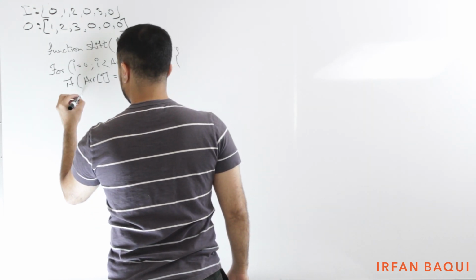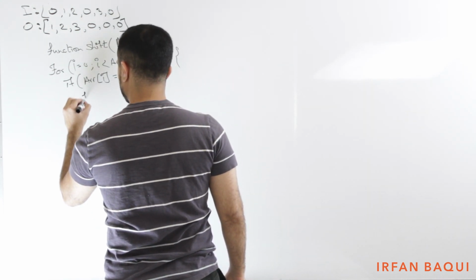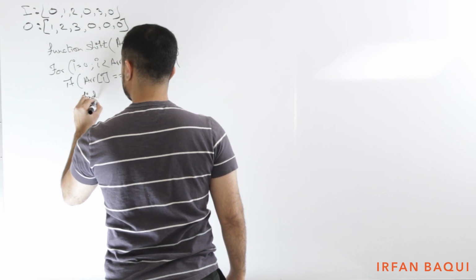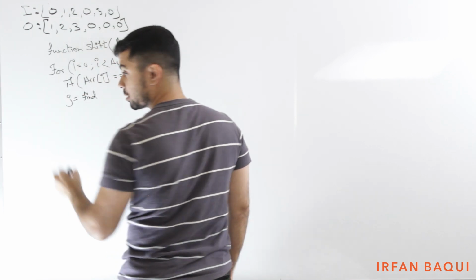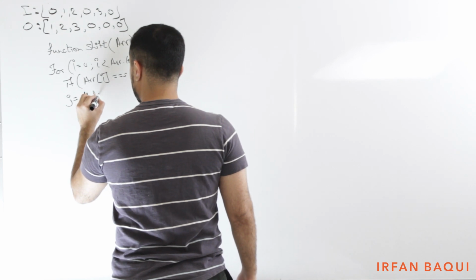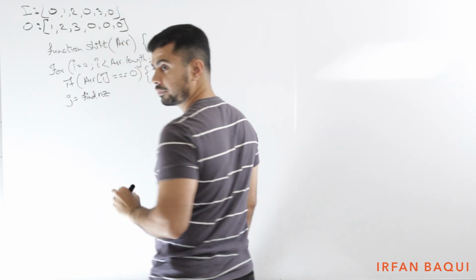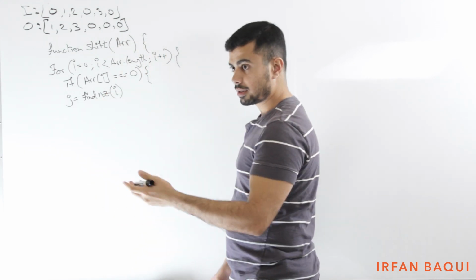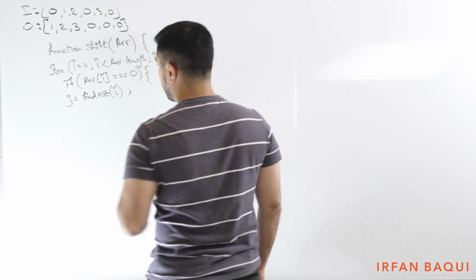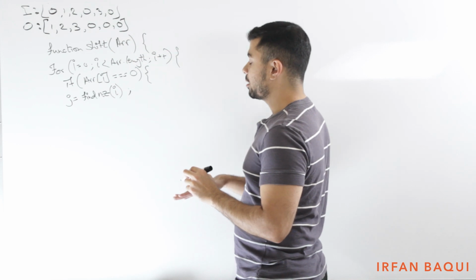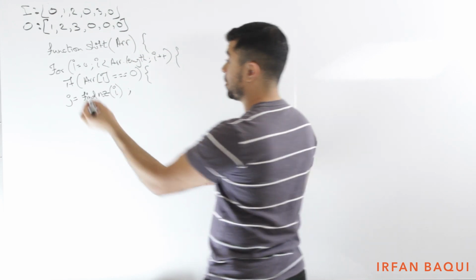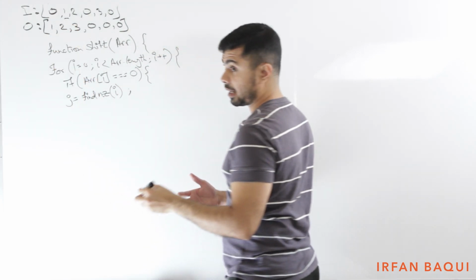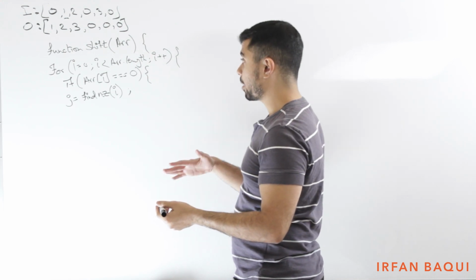So let's say j equals findNZ, and I give it i as a starting index, and then j comes back with, in this case, index 1.